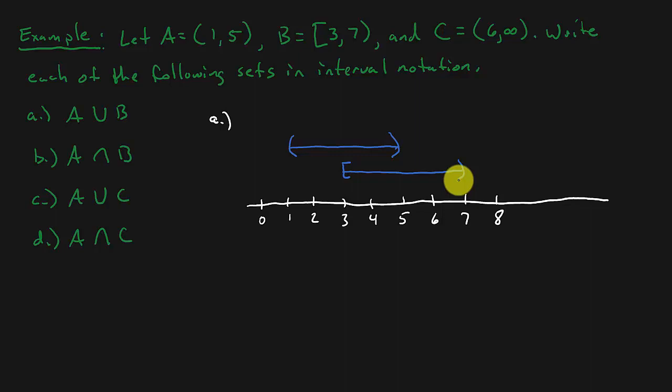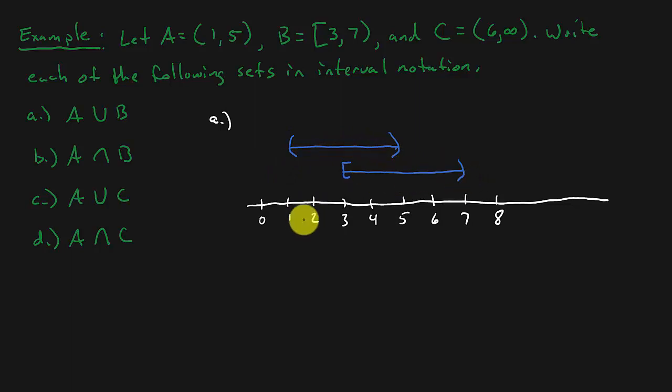All right, now we've got A union B, so we've got A or B. So when it's separated with or union, your answer is everywhere there's a line. Okay, so you can see that we have a line starting at 1 and it keeps going, and it jumps down to here and it goes to 7.